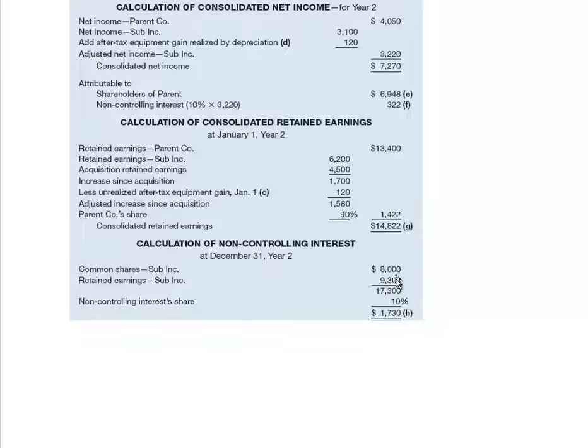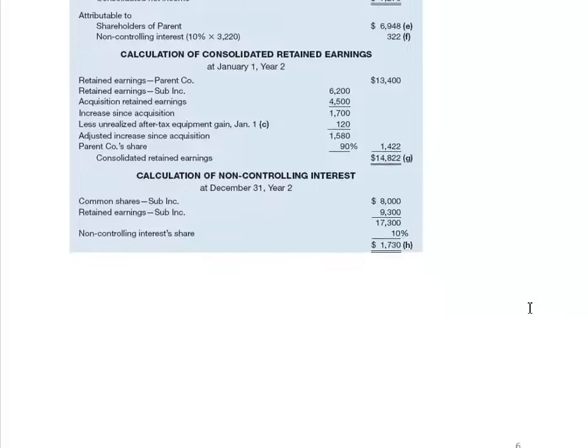So the consolidation books looked after by the parent's accountants, they would say we don't need to adjust them any further because we would have legitimately taken in that entire $180 net gain into consolidated income by the end of year 2. So retained earnings is right. So NCI, we don't have to adjust this $9,300.